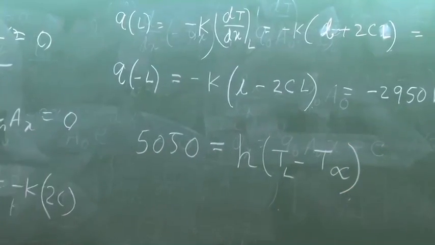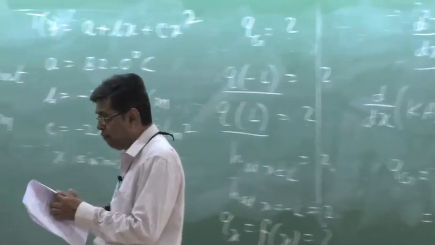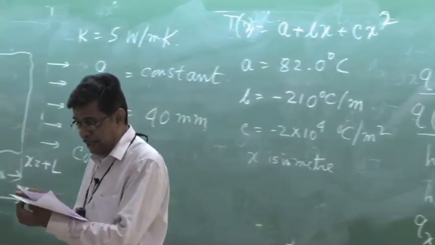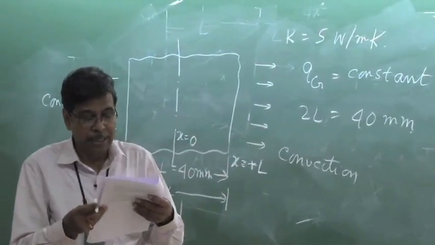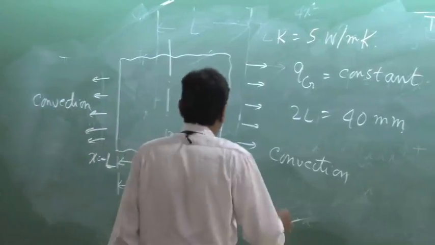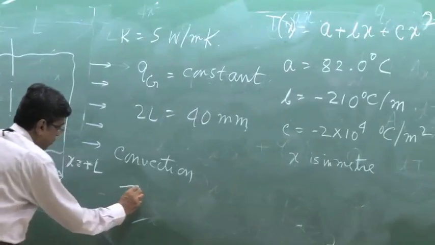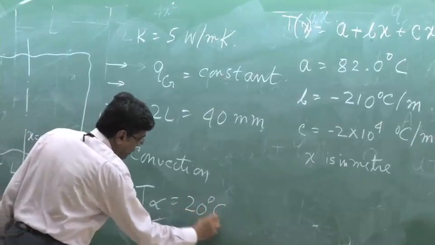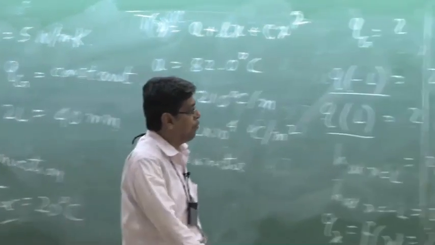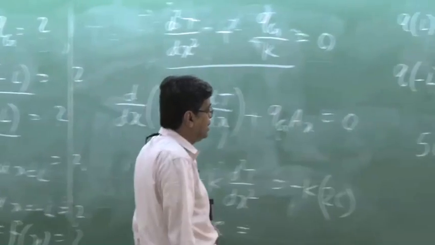So the free stream temperature has to be given for the problem, otherwise I cannot find it. It is given, yes, 20 degrees Celsius. That means the free stream temperature T infinity is 20 degrees Celsius. So therefore you can find out this h at L.